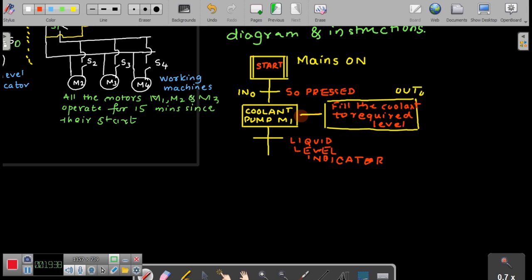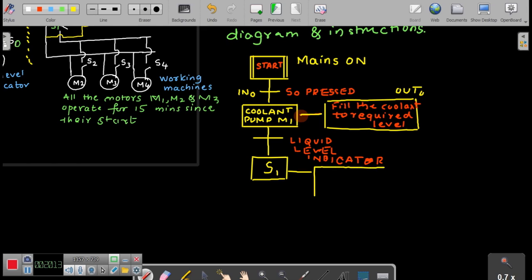Anyway, so liquid level indicator, the output of the liquid level indicator would push me to go to the next status, wherein I have my S1 here. I have S1, and upon pressing S1, what will I do?